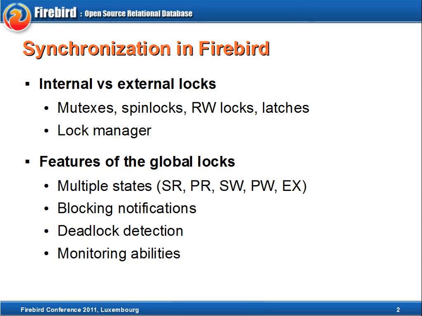They can be divided into two parts. The first part is synchronization primitives used inside a single process, inside a single address space. You know them well: mutexes, spin locks, read-write locks, and latches. I was speaking about that yesterday. Of course, there are also different events and so on.